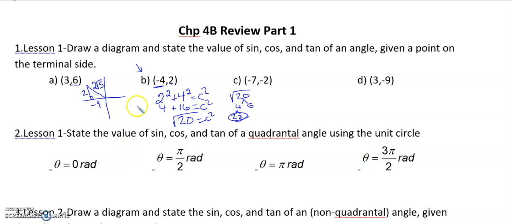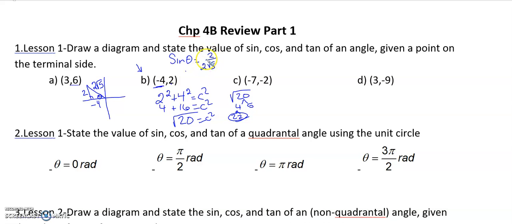coordinate. So now we want to just name the sine, the cosine, and the tangent. And remember, our radical is going to be in the denominator on 2 of them. We're going to need to rationalize that. So I'm going to give myself some more space. Okay, so for the sine of this angle, and remember the angle is always at the center, it's the opposite over the hypotenuse.